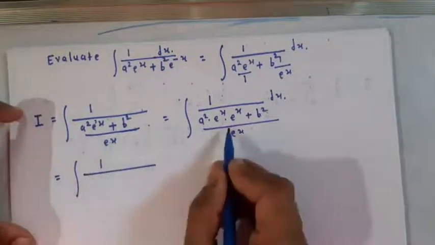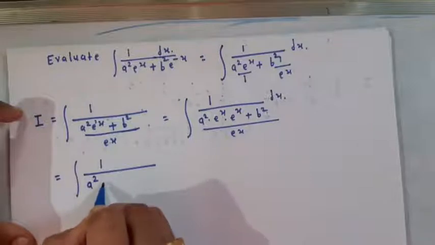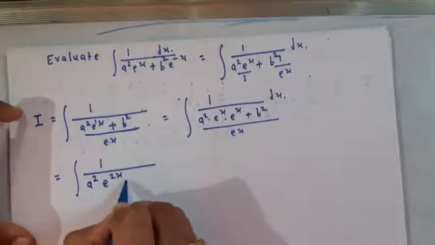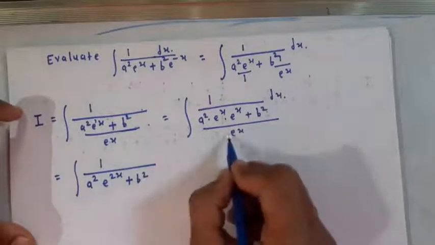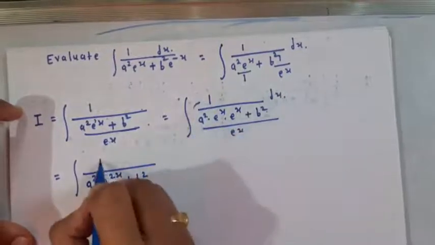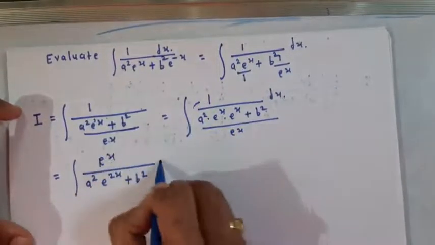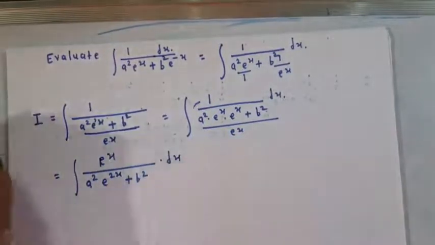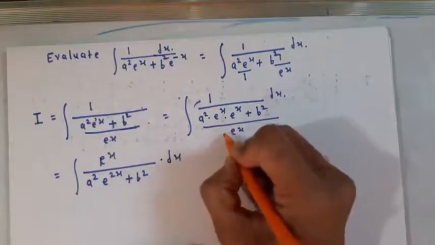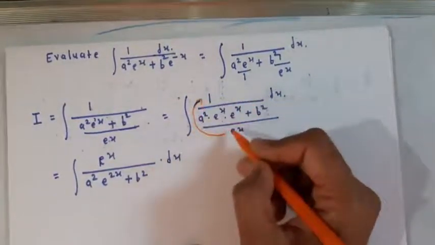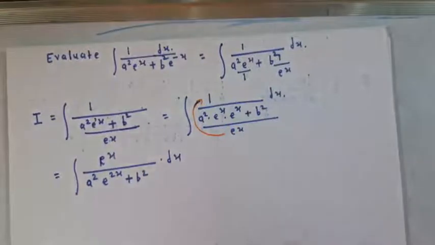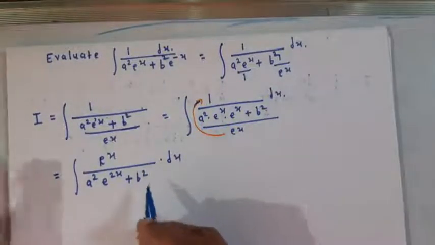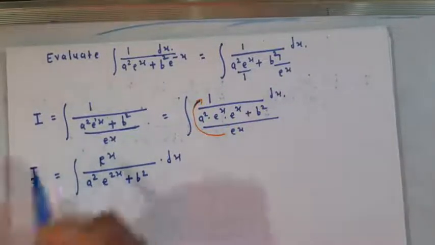E raised to x into e raised to x is a square e raised to 2x plus b square, and this e raised to x will be shifted here, e raised to x with respect to x. Now we have shifted e raised to x there, and hence e raised to x upon a square e raised to 2x plus b square. This is our integration.